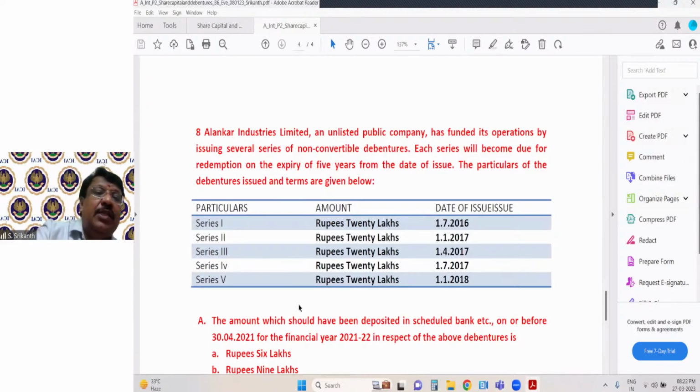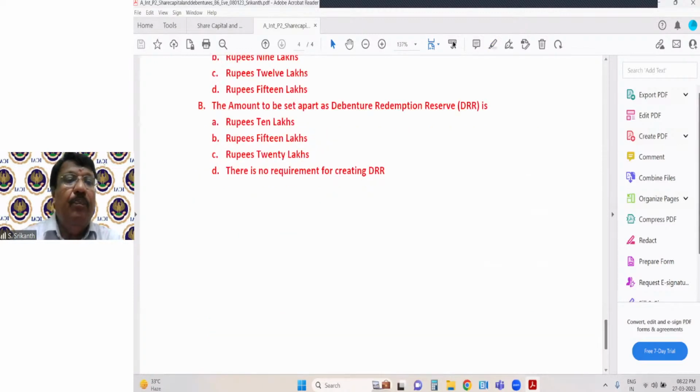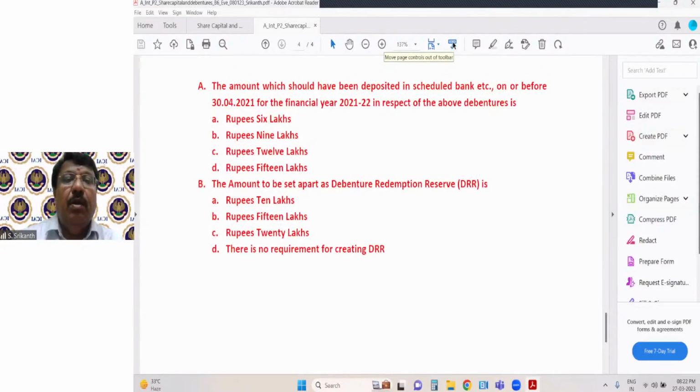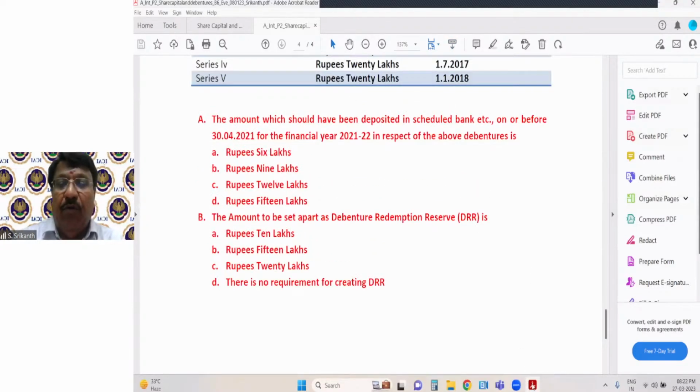Each series will become due 5 years from the date. So 1/7/17 would fall due on or before 31st March 22. 15% should be deposited.